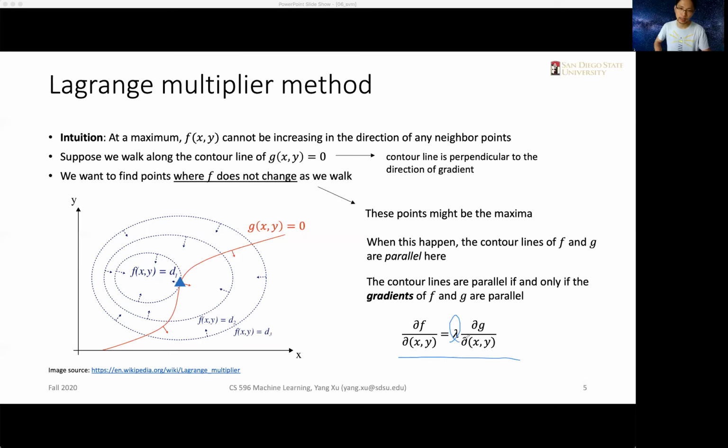This lambda is a variable that we want to find, the so-called Lagrange multiplier. Introducing this third variable is the first step of solving this constrained optimization problem.